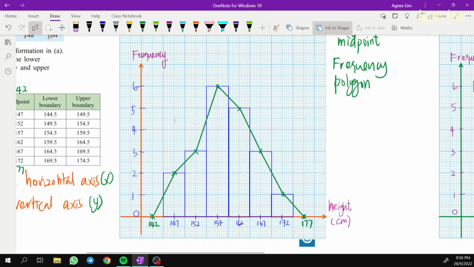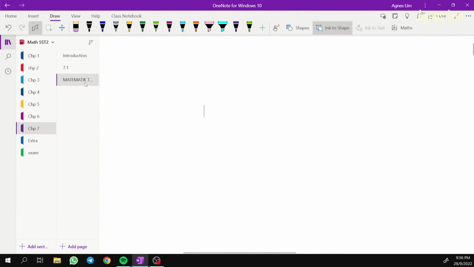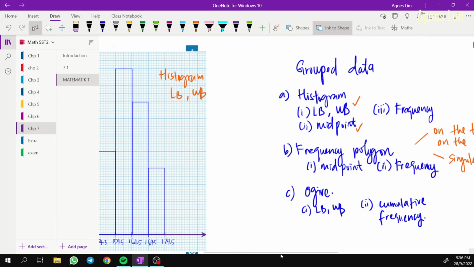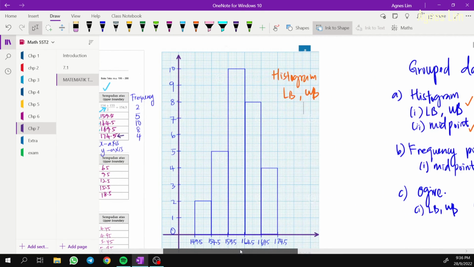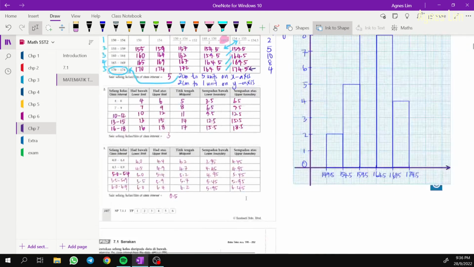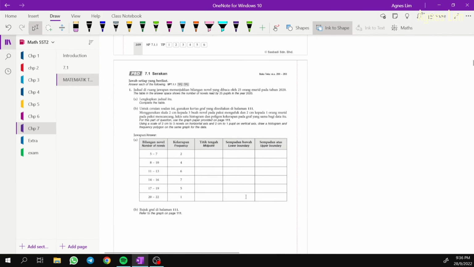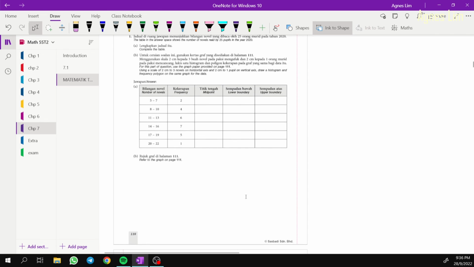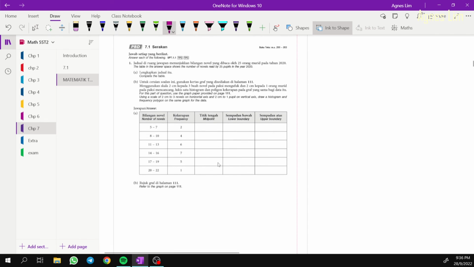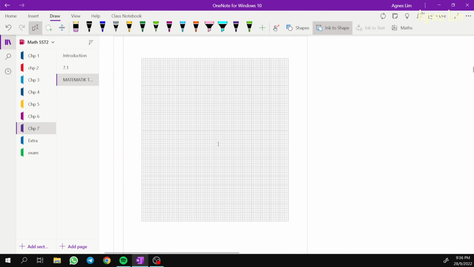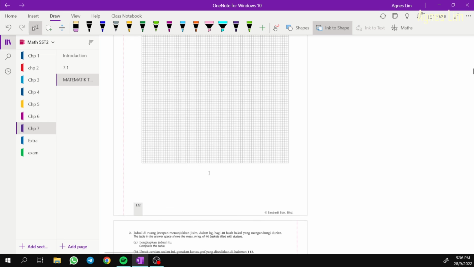Now if the question says draw a histogram, you're going to draw only the histogram, like this. So far okay or not? If okay, try to answer the question on this page. This is your homework. You can use the graph given in your workbook, or you can use your own graph paper, no problem.